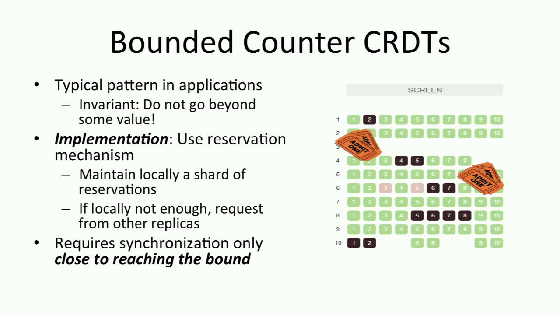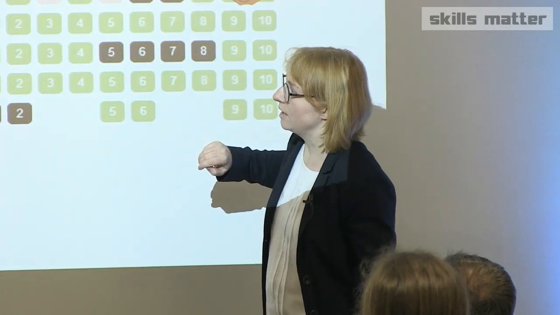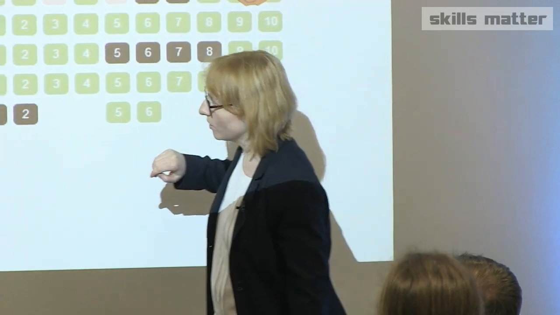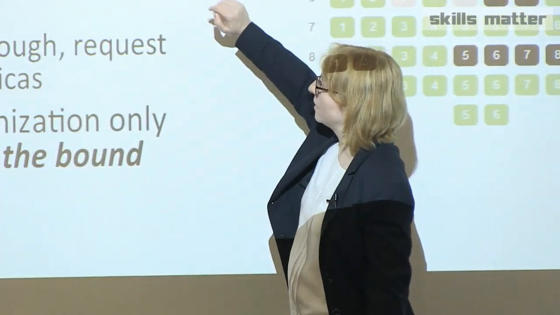But if you come down to a few, the replicas actually should coordinate in order to not oversell. What we have today is they will oversell and you will get a phone call and things will be nasty. But we want to ensure on the database level that things don't go bad.